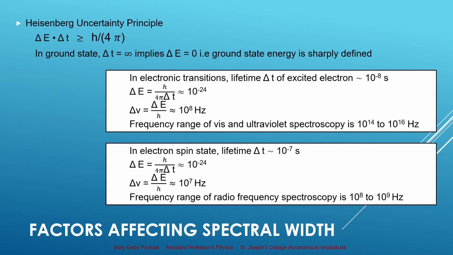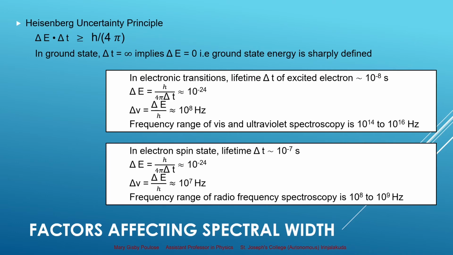Now let us look into two types of interactions. In electronic transitions, the outermost valence electrons get excited and they move from higher to lower energy levels or from lower to higher energy levels, depending upon whether it is emission or absorption. The lifetime of these excited electrons, you should remember, is 10 raised to minus 8 seconds, right?